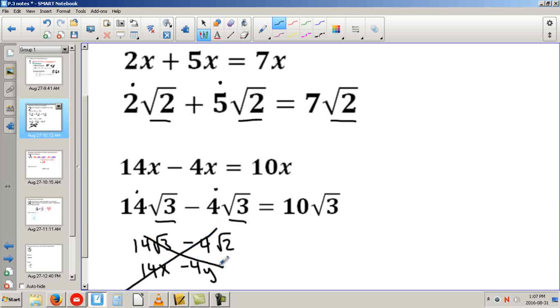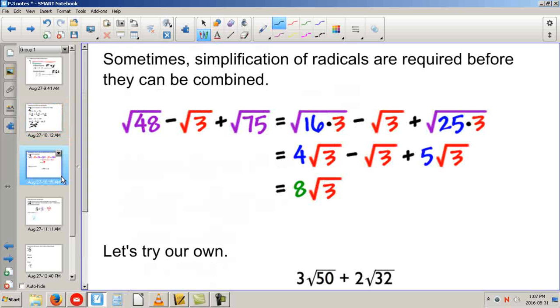The roots must match. Now sometimes in the book, you're going to come across problems where the roots don't match. For instance, the square root of 48, square root of 3, and square root of 75 might initially seem like they have nothing in common. But if we try to break them down, okay, 48 divides by 3, which I'm hoping to have, and 16.